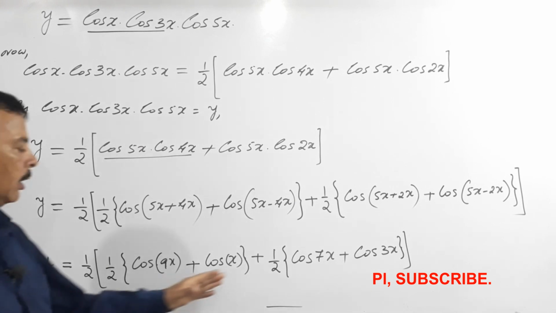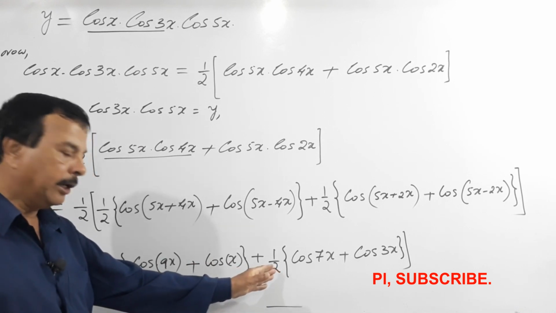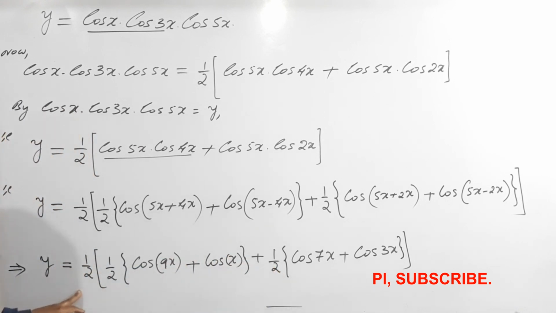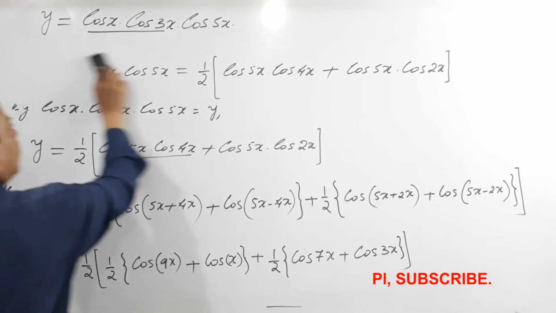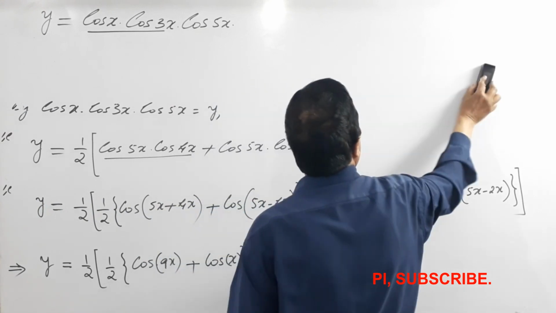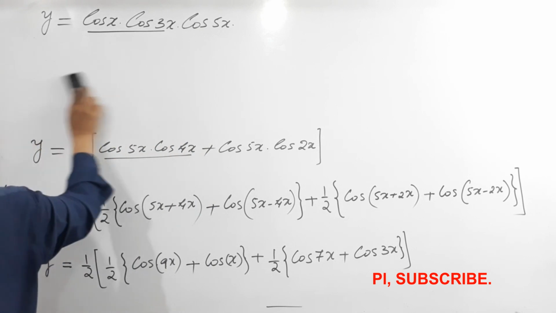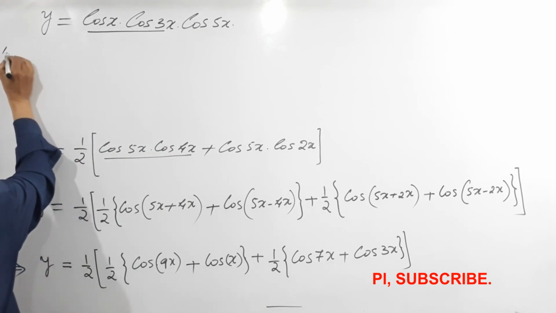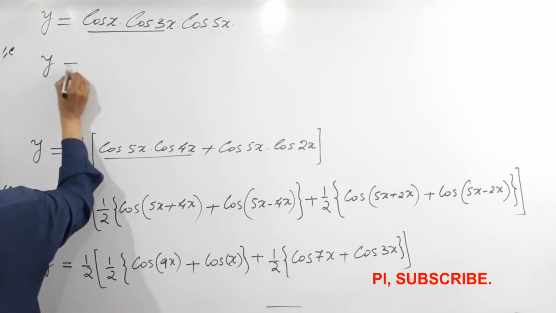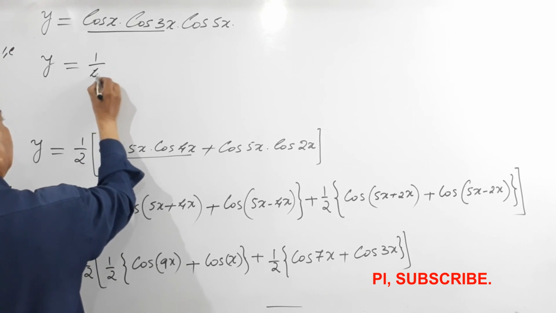Now what I will do, I will take this half as common. Here also you have half, here also we have half, I will take that half outside and multiply that half with this half. Half into half is 1 by 4. That is y equals 1 by 4.